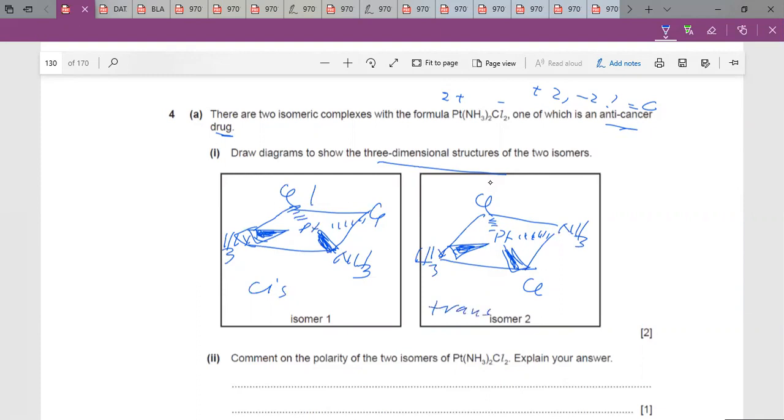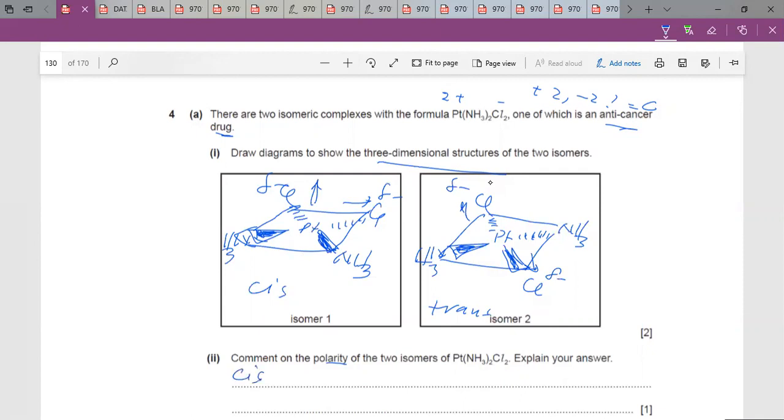And comment on the polarity of the two isomers. Of course, this one goes to here, this one goes to here, which means this is more polar. This is delta negative, delta negative. This one goes to here, meaning they will cancel each other. So who is more polar? The cis is more polar.